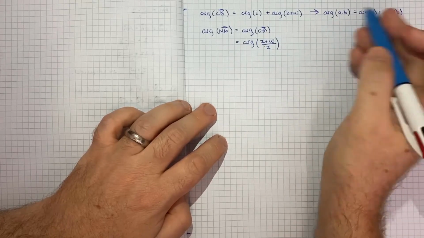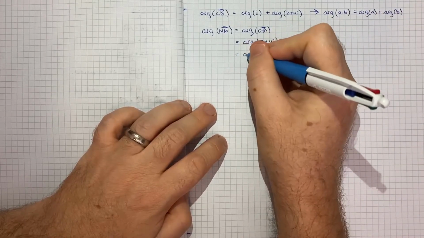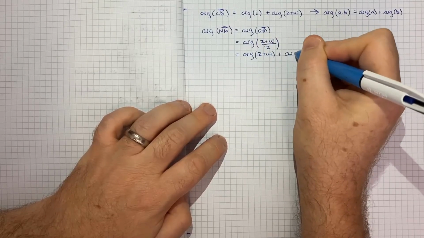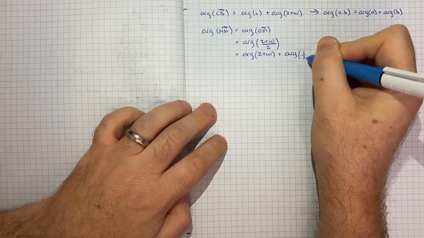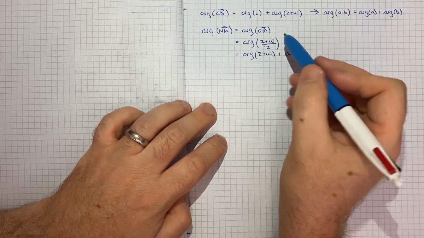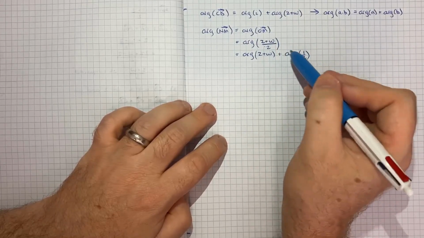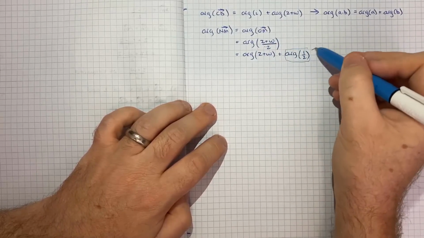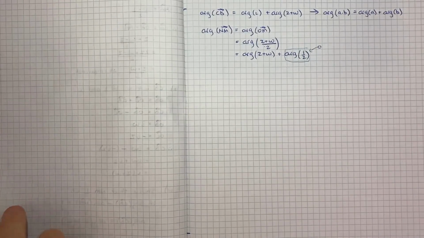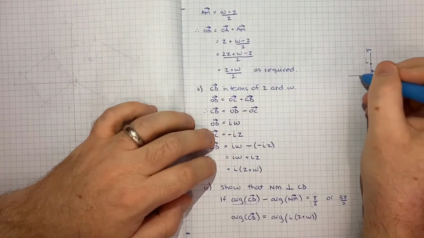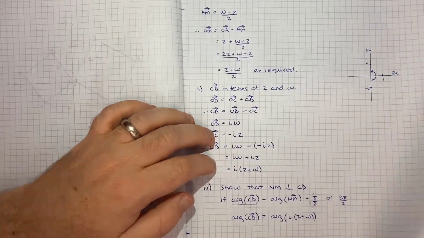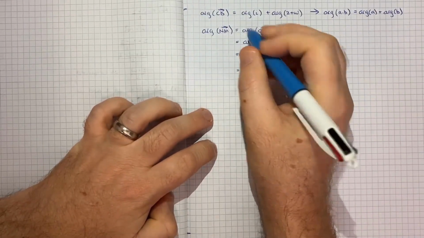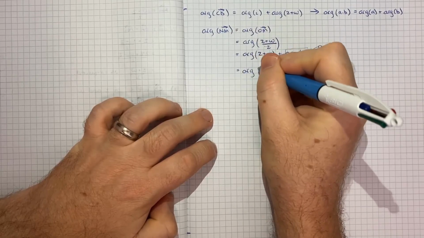And using this similar rule, we could say that's the arg of (z plus w) plus the arg of a half, since (z plus w) on 2 is the same as (z plus w) times a half. Now the arg of a half is just 0, because a real number would lie on the horizontal axis, so it has no angle with that axis. So the arg of NM is simply equal to the arg of (z plus w).